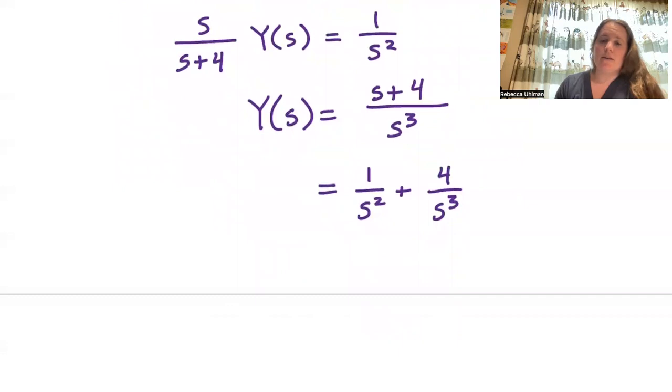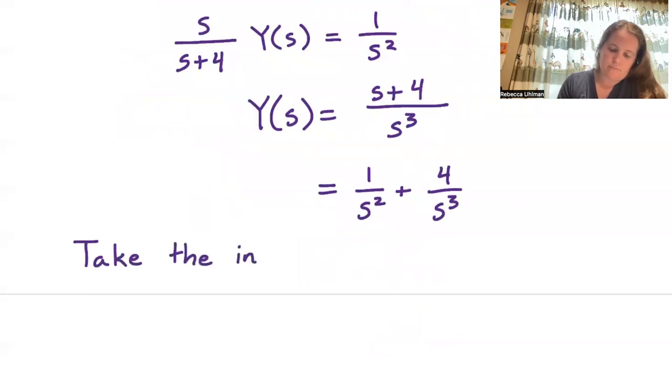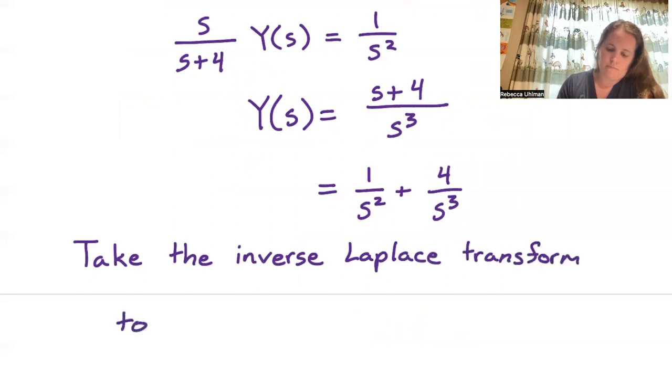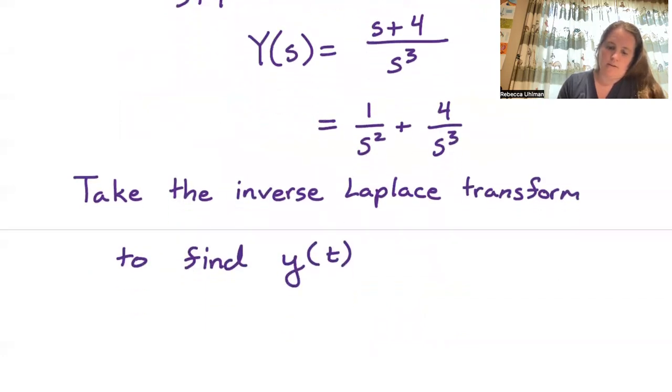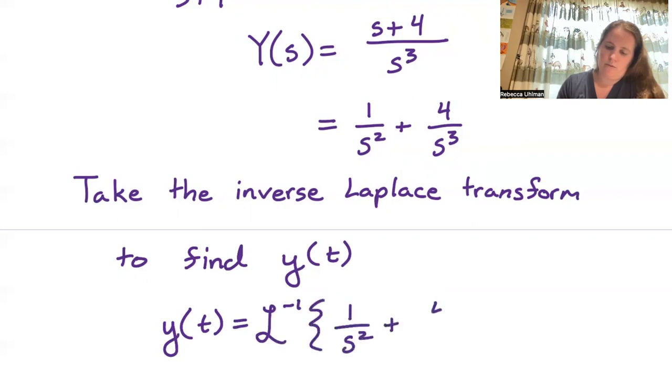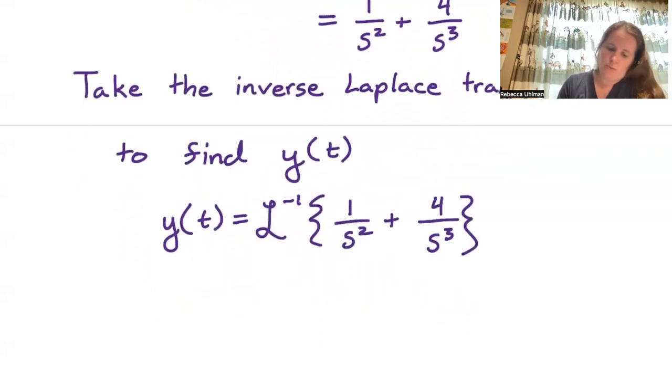From here, we can then take the inverse Laplace transform to find y of t. So we have y of t is equal to the inverse Laplace transform of 1 over s squared plus 4 over s cubed. 1 over s squared is in proper format.